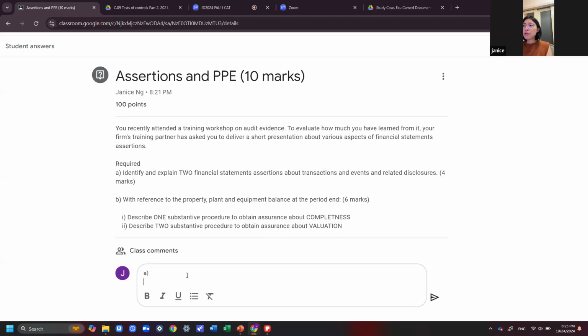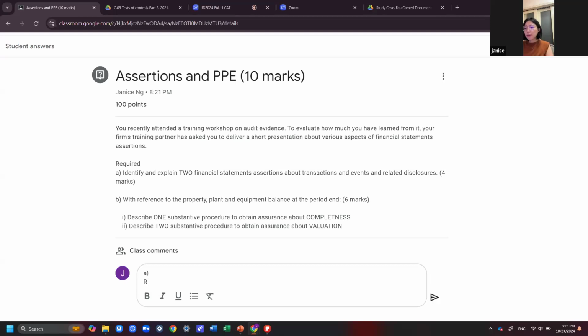I need you to explain 2 financial assertions. So this one is about transactions and events and related disclosure. So this one is about classes of transactions. So it's not about the account balances. So we need to find 2.